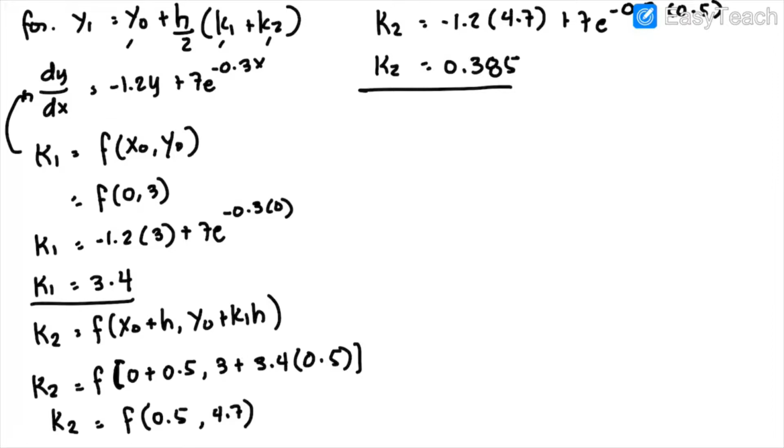Then we already know the values of k1 and k2. We have y0, and we also have the step size. So we'll now be able to solve for the value of y1, where y0 is simply 3, the step size of 0.5 over 2, then k1 is 3.4, and k2 is 0.385.